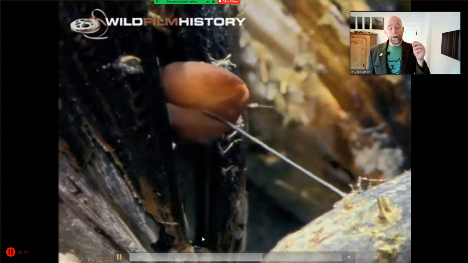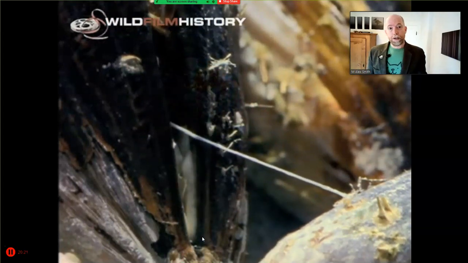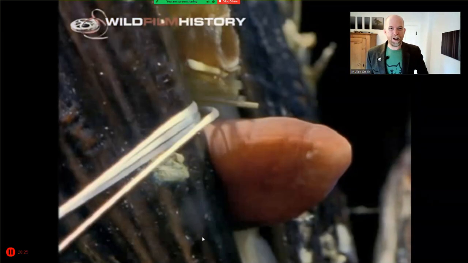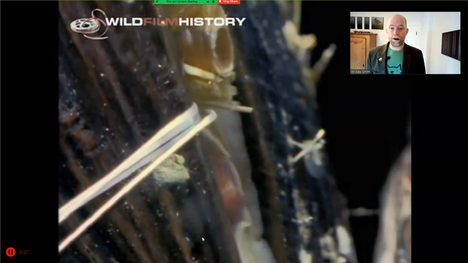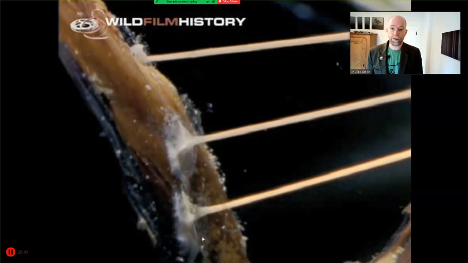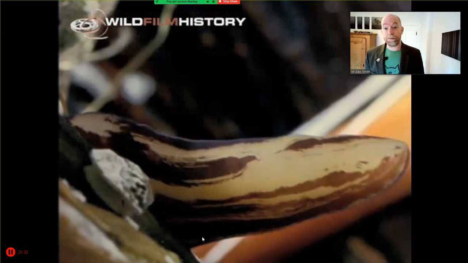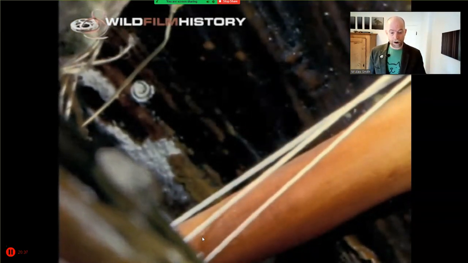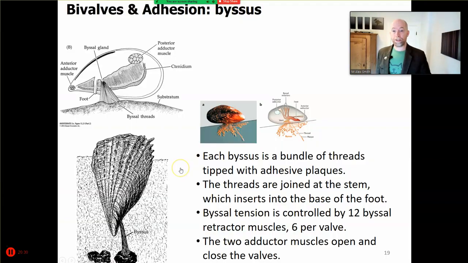As it's laying down these byssal threads, if you've tried to pry mussels or other bivalves off of rocks, if you've lived coastally, either freshwater or marine, you know that they can attach themselves very, very efficiently. That's accomplished by these byssal threads. So we see the byssal threads extending out, produced by this gland.